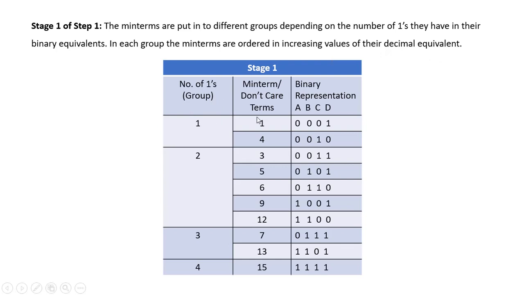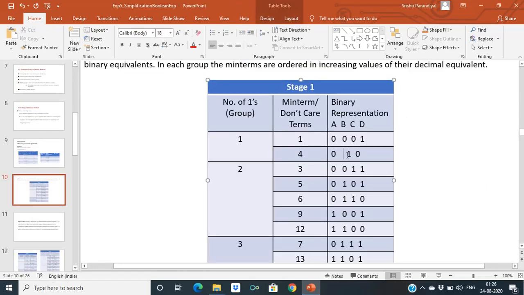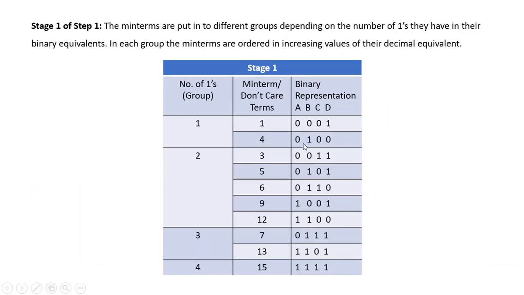So the group with only one 1: minterms 1 and 4. There is an error here, 4 will be 0100. So 1 and 4 have only one 1.